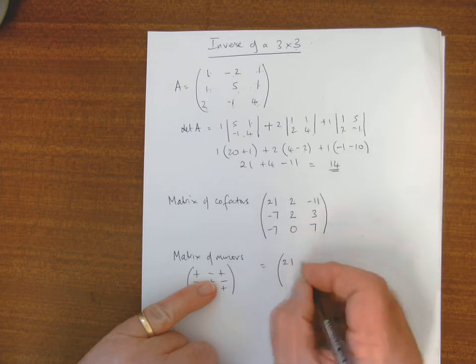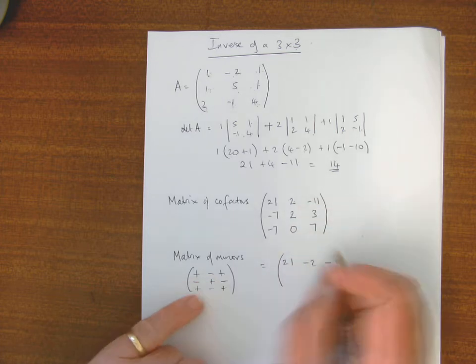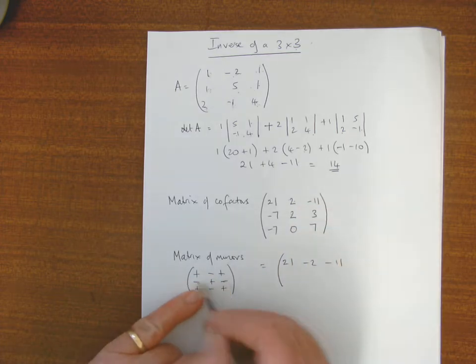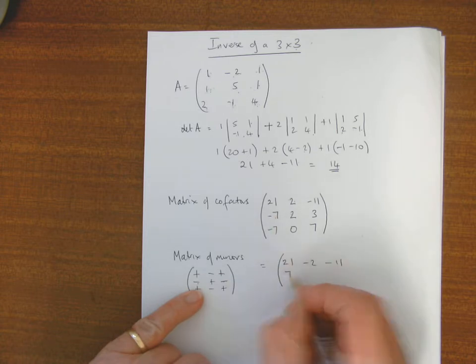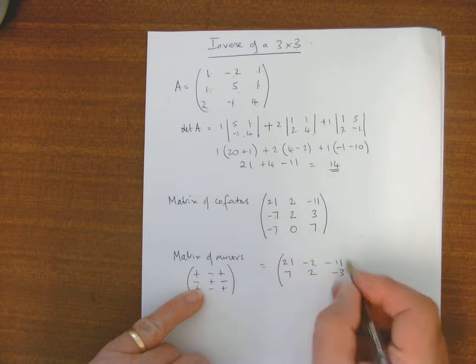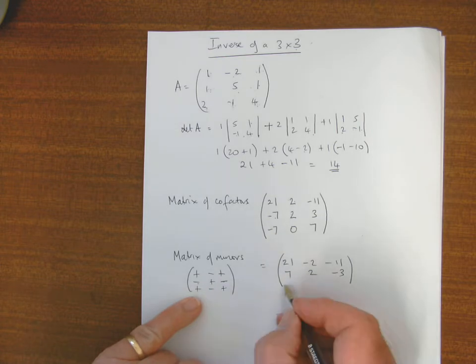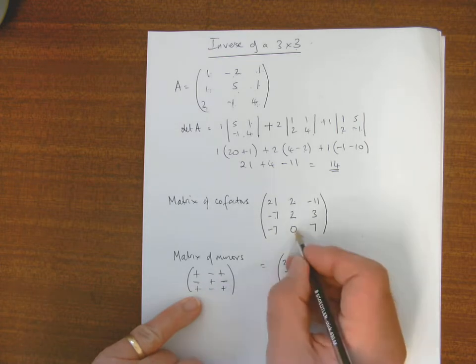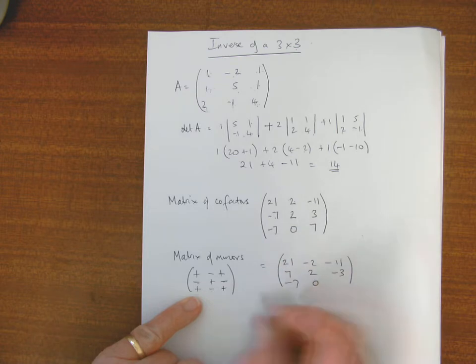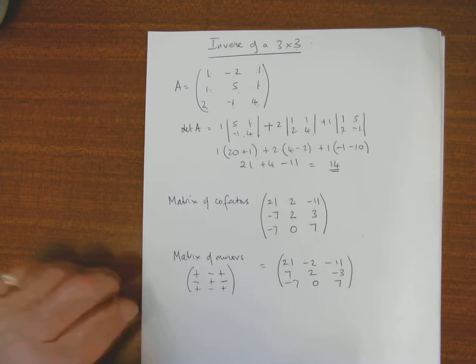The middle one changes to a minus, it's minus 2, then minus 11. In the second row, these two entries change signs, so that goes from 7 to minus 7 and from 3 to minus 3. In the bottom row, the two end ones stay the same, so it's minus 7, and the middle entry stays the same, 0, and the last is 7. So that's the matrix of minors.